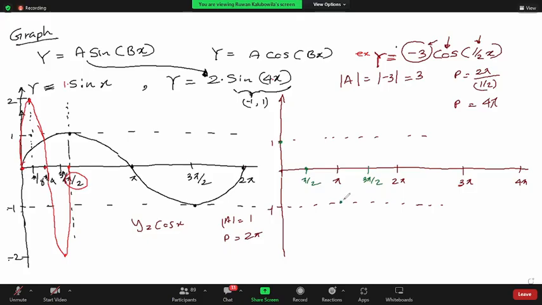So this is the original cos. Right. Now our one is -3 cos half x. So now you know the period is 4 pi and the amplitude should be 3, plus and -3.